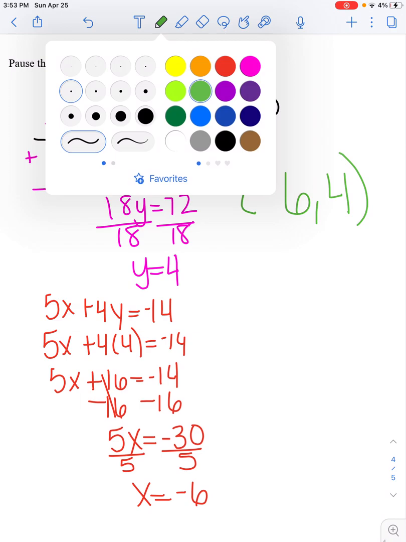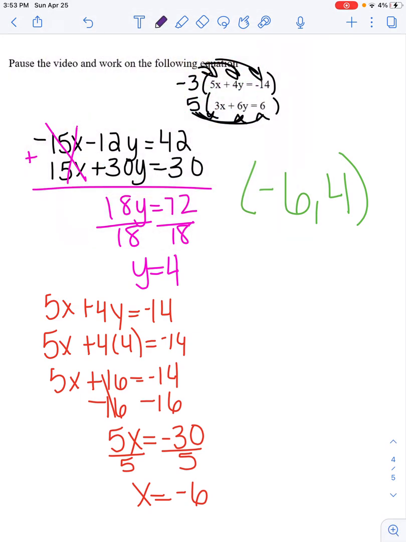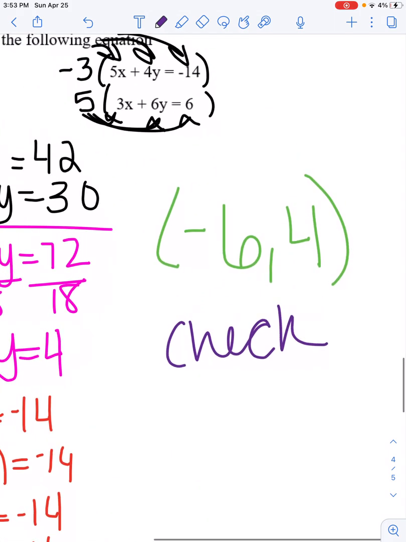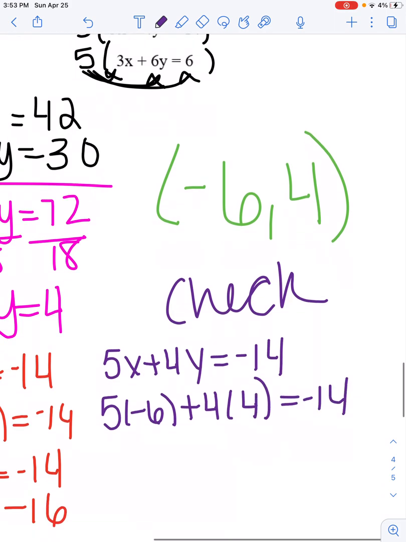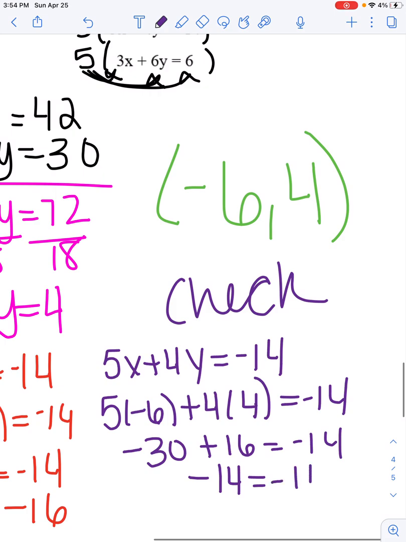And then the last step that we have to do is we have to check. So I'm going to use the original equations. So we have 5x plus 4y equals -14. 5 times -6 plus 4 times 4 equals -14. We have -30 plus 16 equals -14. -14 equals -14.